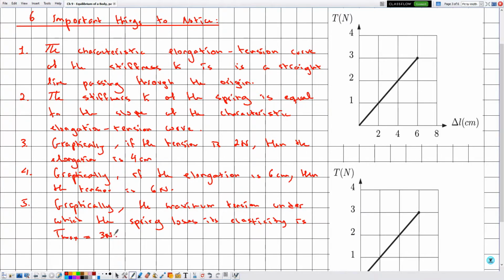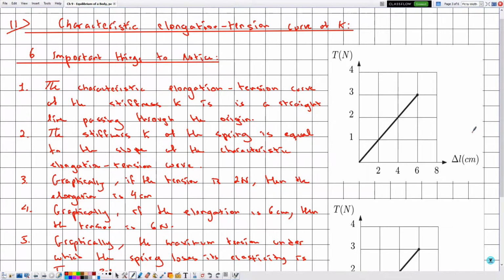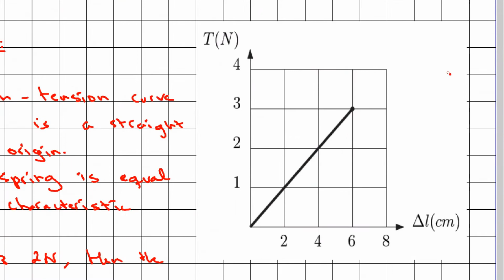Then I repeat, usually such type of curves that represent the variation of T as a function of delta L stop and are limited at some point. This point, under which the spring loses its elasticity, is represented by two values. So the value corresponding to the y-axis, which is T, represents the maximum tension. So any applied force to the spring greater than 3 newtons, then the spring may break out or lose elasticity.